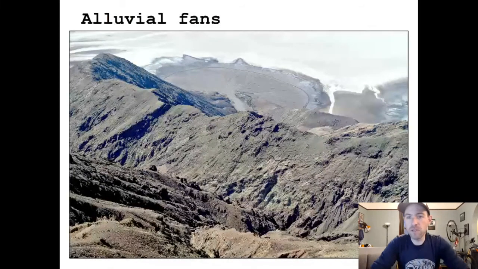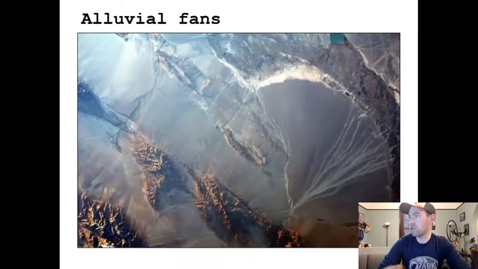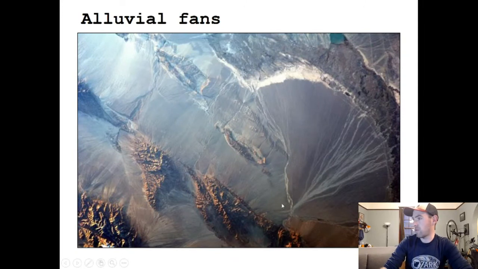Now, these are relatively small examples of alluvial fans, but they can be much, much larger features as well. Here is a rather large alluvial fan. These are individual mountain ranges here. I believe this might be the Zagros Mountains, I can't remember. Again, you can see one of the features of these alluvial fans is that there are often multiple active channels.